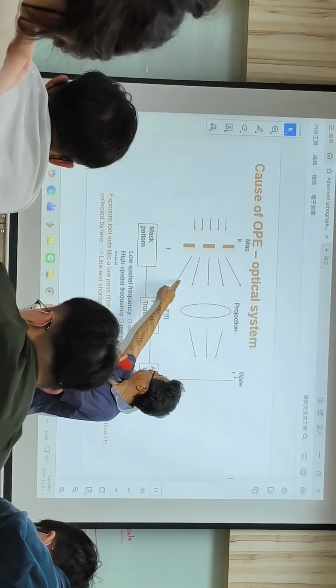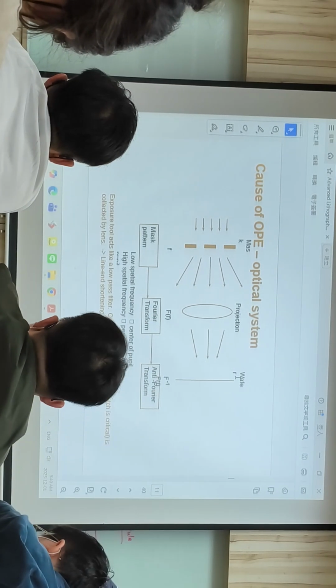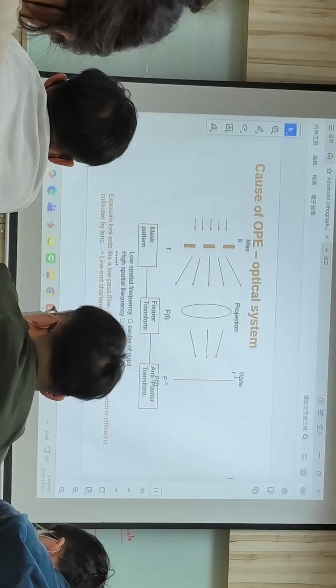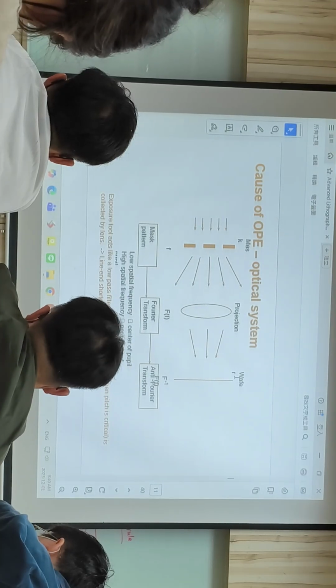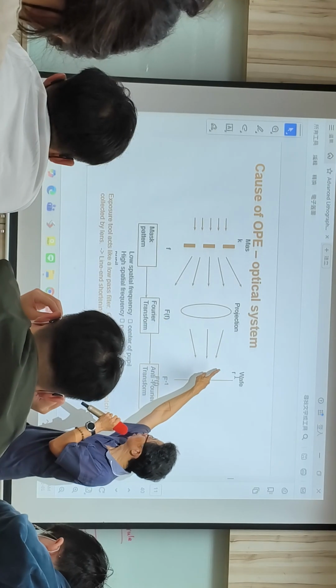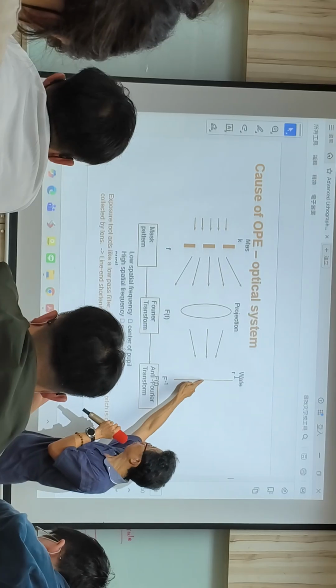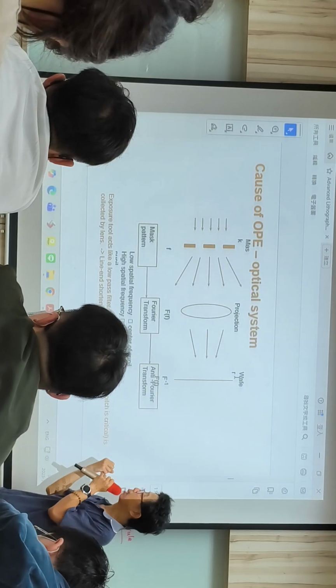And these, like positive 2 and negative 2, disappear. Those are missing orders, not collected. So when you form the image on the wafer, they are missing.